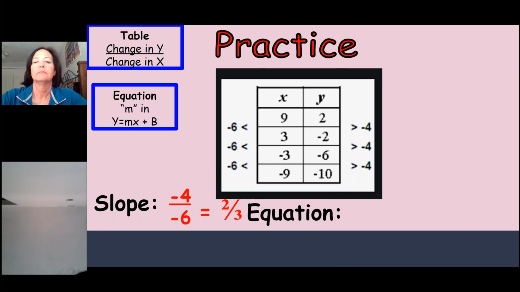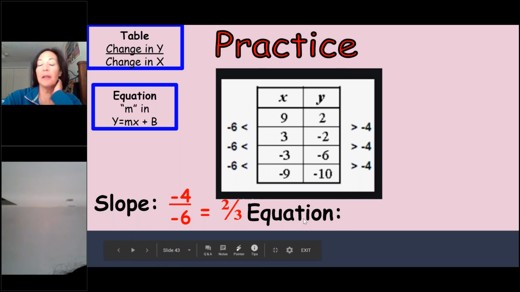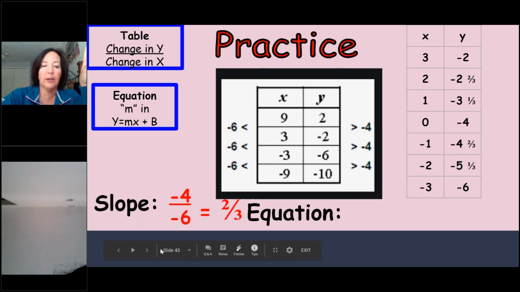Y equals 2/3x plus -4. Is that right? I was trying to understand what you were saying, but you've got every part that I thought you should be able to get correct.